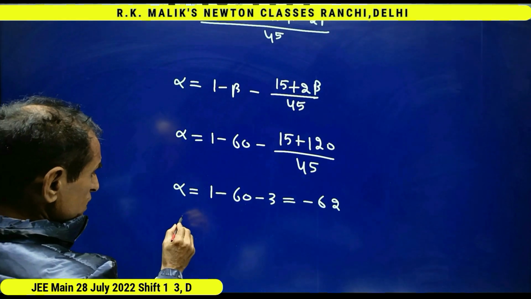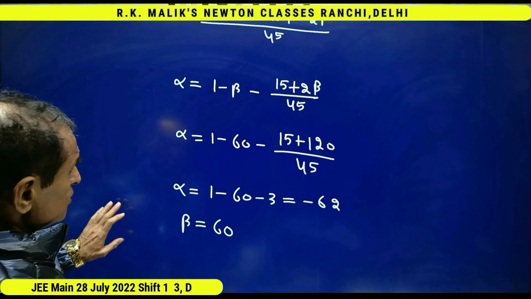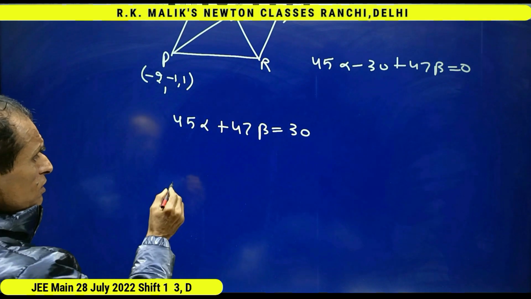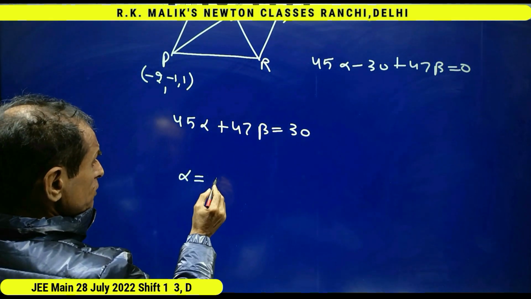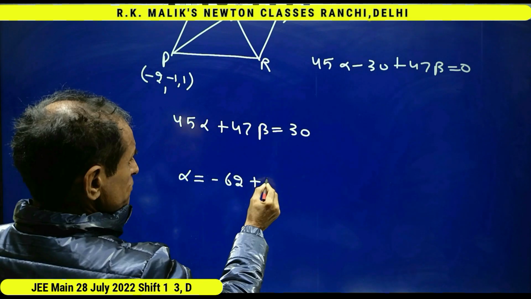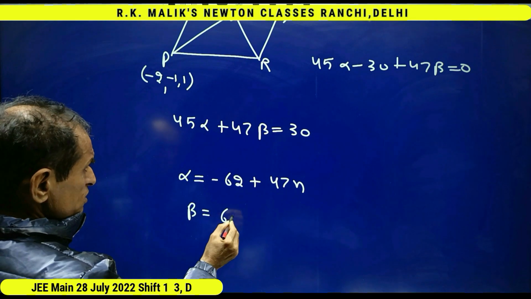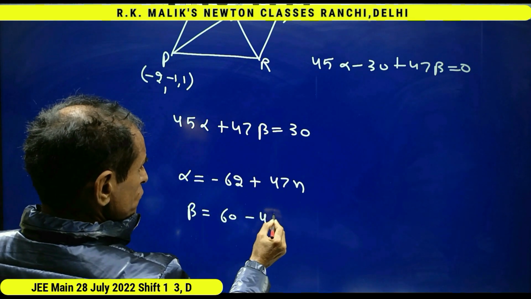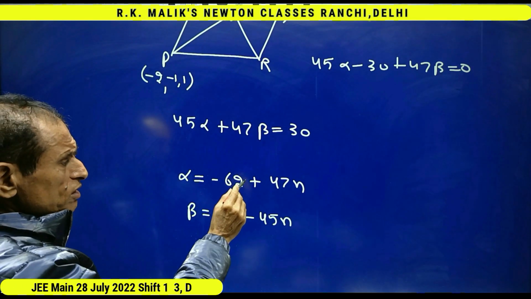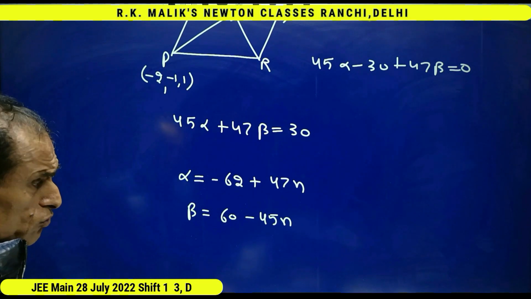And recall that I had got the value of beta as 60, and hence by using this value of alpha and beta, the general value of alpha will be minus 62 plus 47n, and beta equal to 60 minus 45n. Recall that I could write minus 47 here and plus 45 here also. That was also correct.